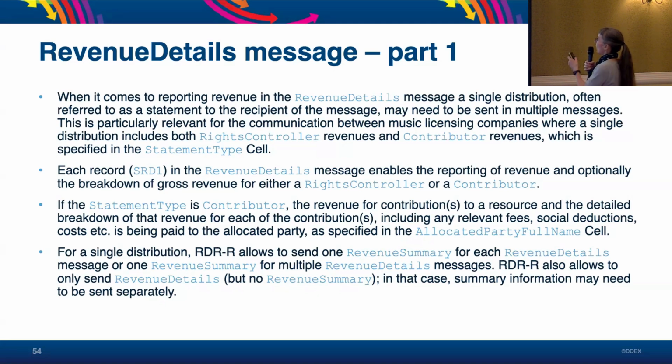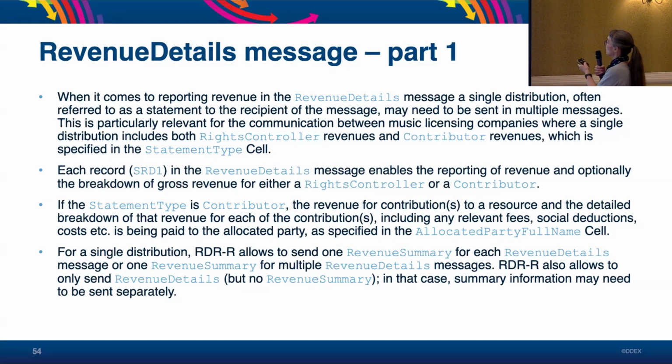So that is trying to explain the first set, and this is one of the wordy slides. I left it as such because I do believe that it will be helpful later on if you decide to implement the message. So each of the records in the new one called SRD1, it's the same record for whatever you want to populate.